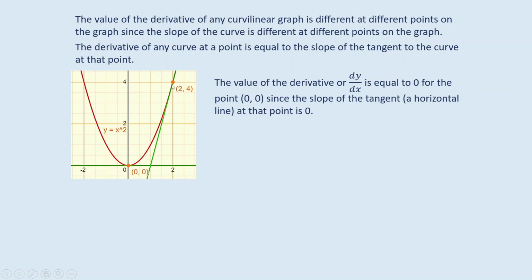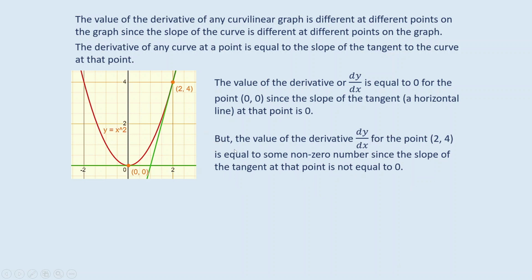But for 2, 4, the value of the derivative dy by dx for the point 2, 4 is equal to some non-zero number. I have not calculated the slope of the tangent. I can calculate the slope if I take another point on the tangent.